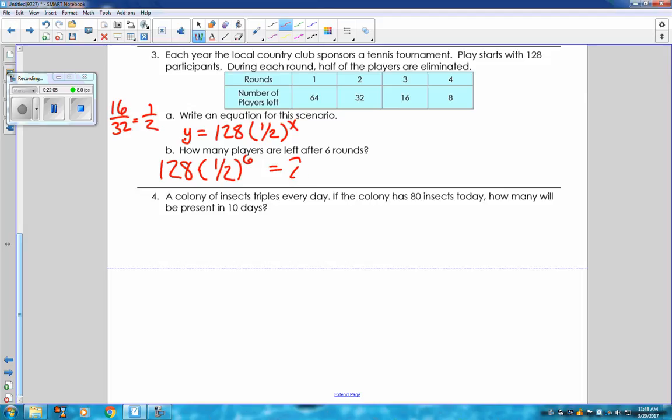You should have gotten 2. How do you put in 1/2? You're going to do 128 parentheses 1 divided by 2, close your parentheses, and then to the 6th power.